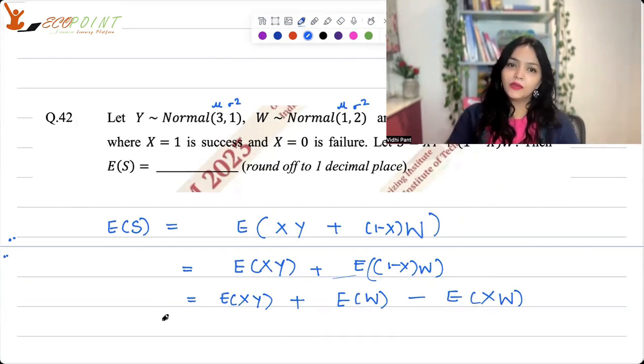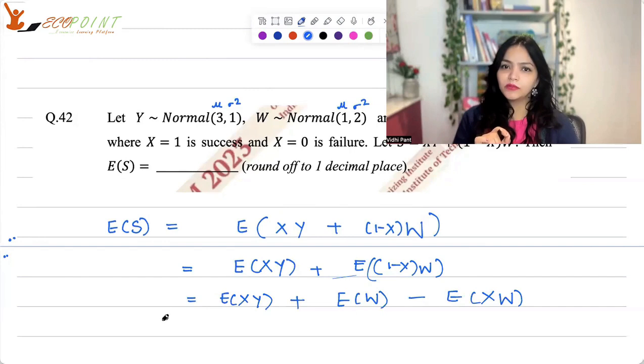Now, in this question, you will have to make a little bit of assumption, an assumption of independence, to be able to solve it.